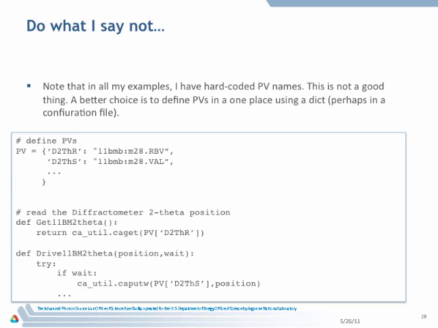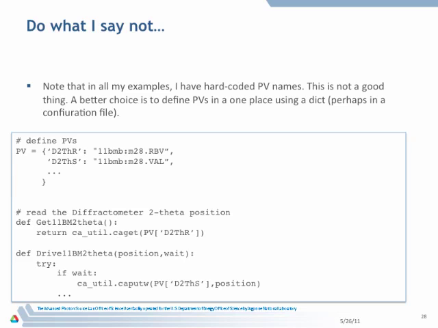So it's better to define all of your PVs in one place. There's lots of ways you can do it, but my recommendation would be to define a dictionary, with a symbol that you'll remember. Diffractometer 2 theta read back, diffractometer 2 theta set, and those are the PVs for them.